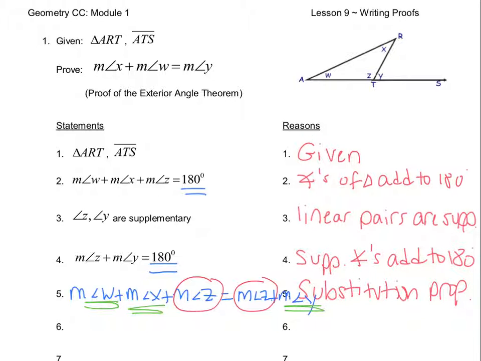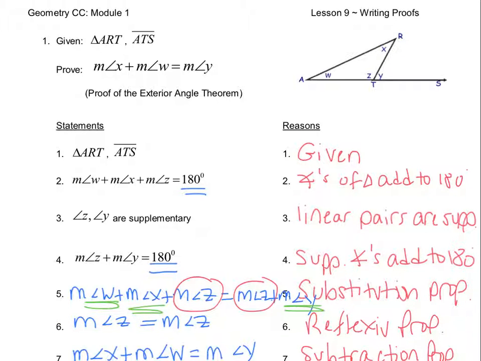So if we just write in the next step the measure of angle Z equals the measure of angle Z, then we could subtract that out and be left with what we need. Step 6 is the reflexive property. We have an equals minus an equals, and we get equals. And there you have it.